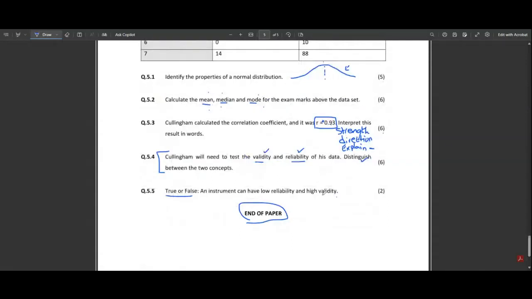If you understand the concepts that they're actually asking about, you can answer a question like this. But this one's almost a trick question. You've got to really think about it. If an instrument has low reliability, is it possible to have high validity? So we need to remember what the definitions are. What is reliability?